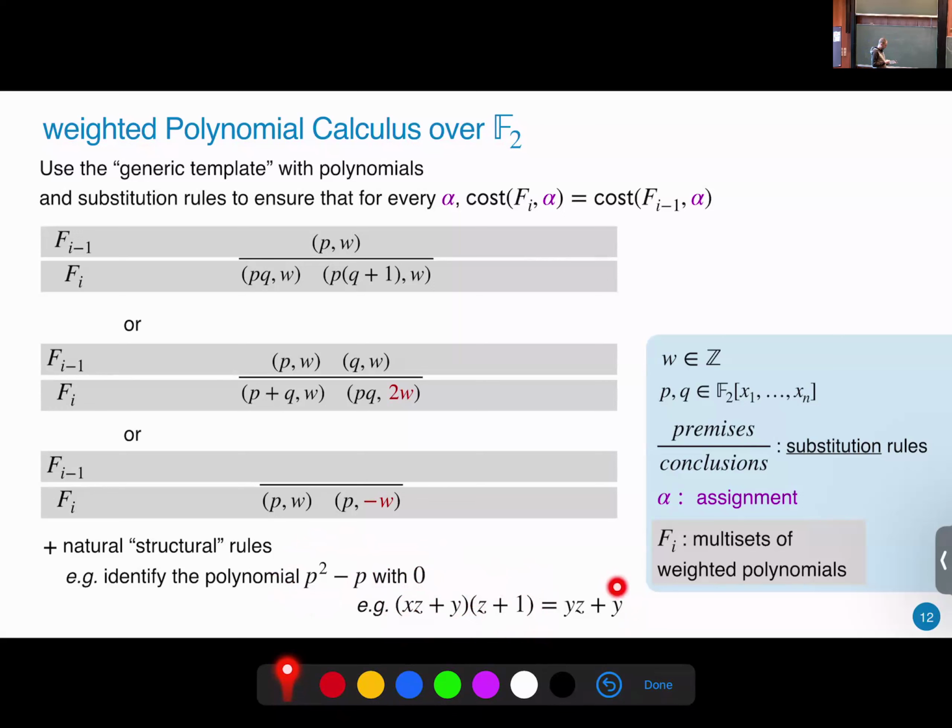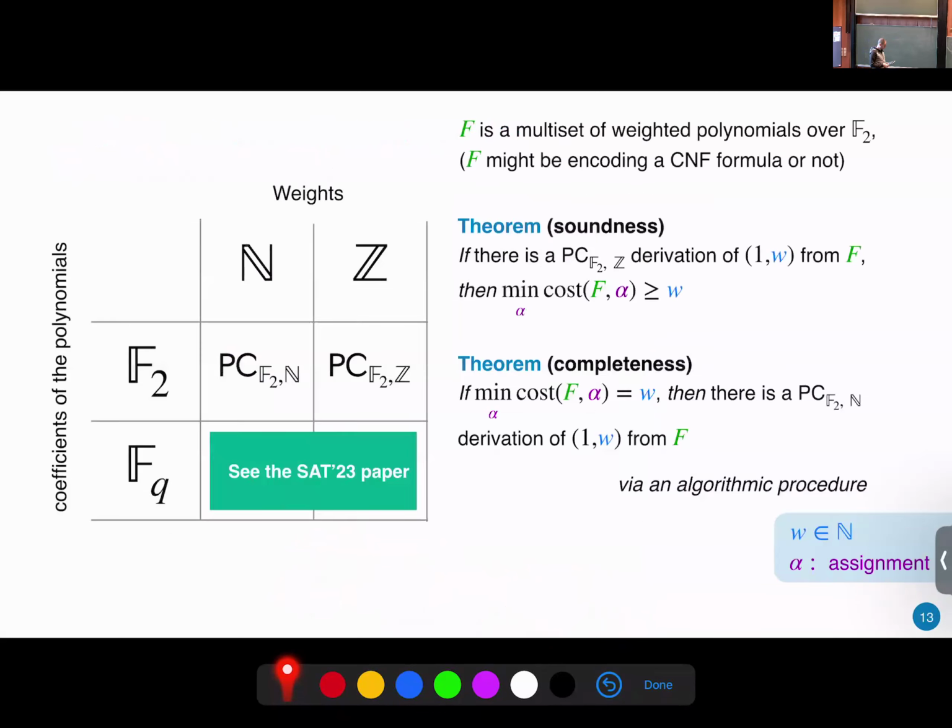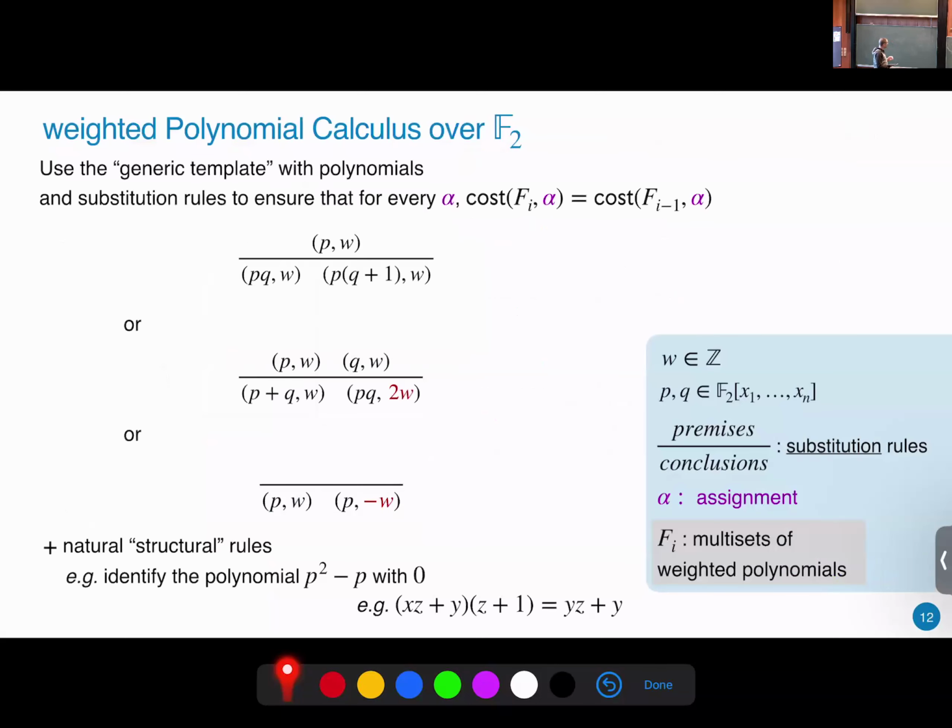So we treat it the same as this polynomial, yz plus 1. For simplicity, I wrote the rules for F2. There are rules also for every arbitrary finite field that makes sense and give rise to a sound and complete system.